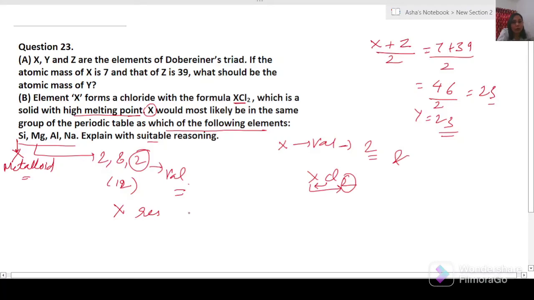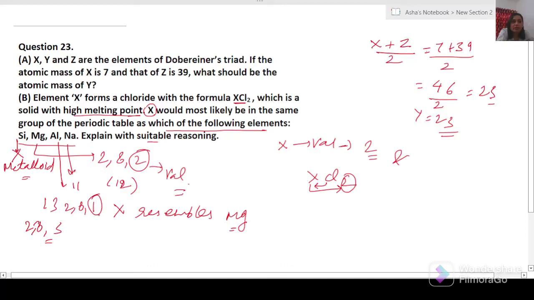Now we'll check the other options also. Aluminium, its atomic number is 13, 2, 8, 3. So it cannot resemble Al because its valency is 3 and X valency is 2. If you see sodium, atomic number 11, 2, 8, 1, again it has valency 1.